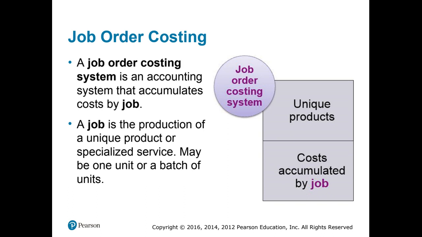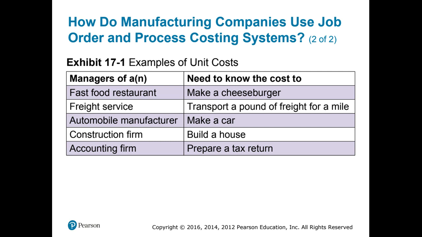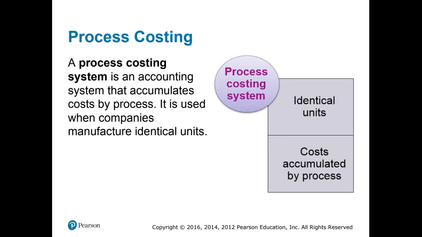But for example, when you have unique products and you're processing by job, they gave us some examples over here of different types of services. A construction firm is probably more job than process, because when they're building, no two items are exactly identical.